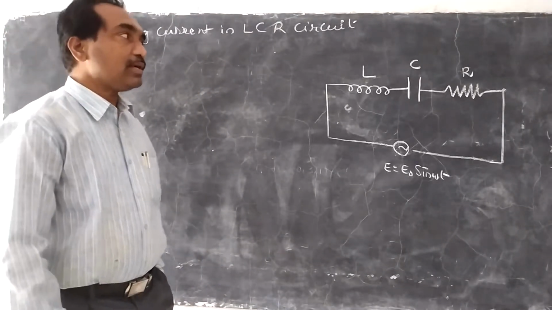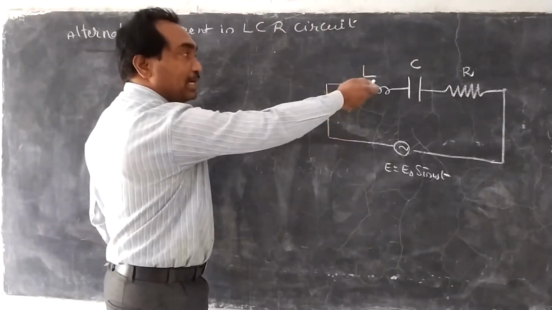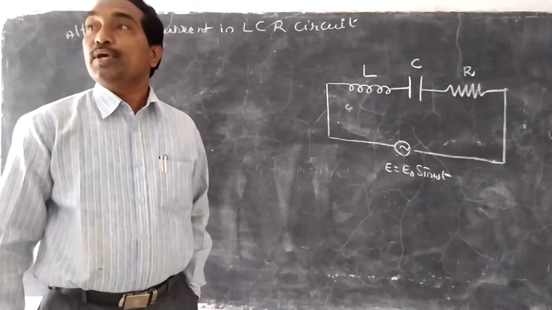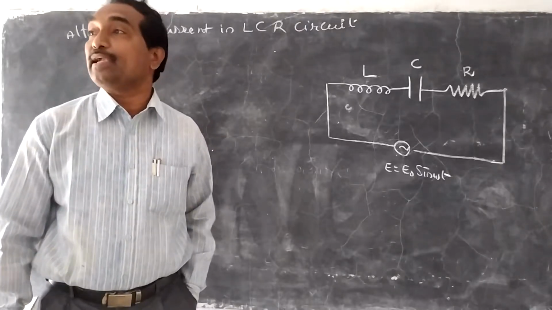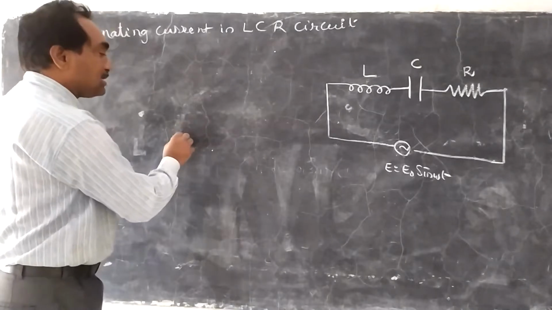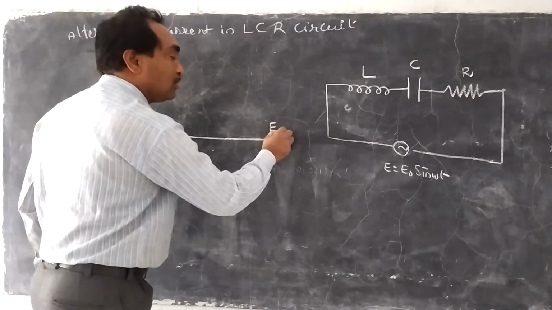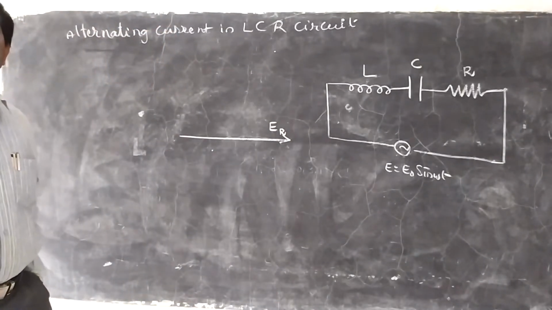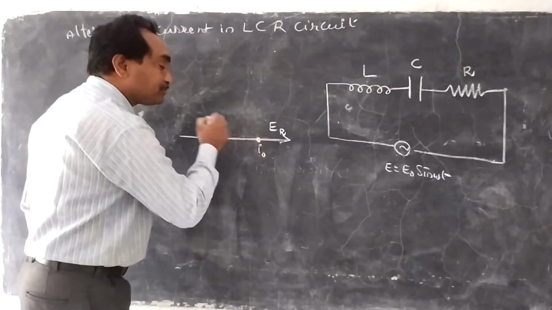So in the vector method, we consider alternating current passing through the inductance, the capacitance and the resistance. In pure resistance, the current and the alternating voltage are in the same phase. So by vector diagram, this is the direction of the alternating voltage or potential in the pure resistance, and the current is also in the same direction.